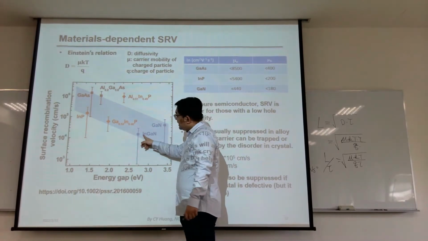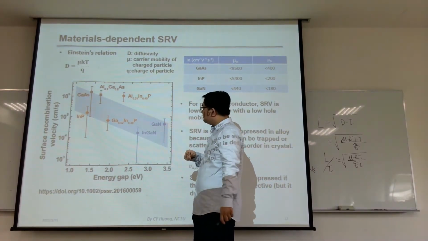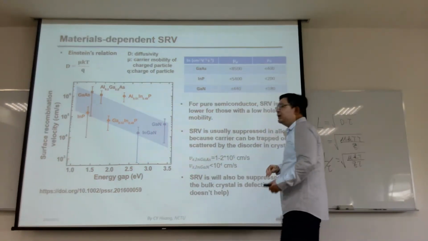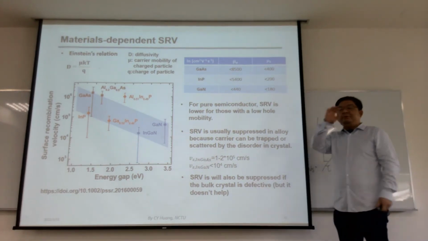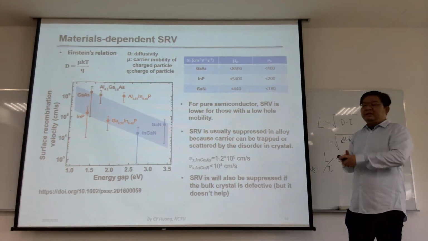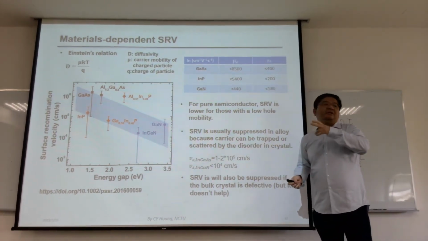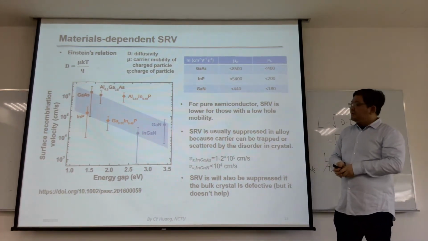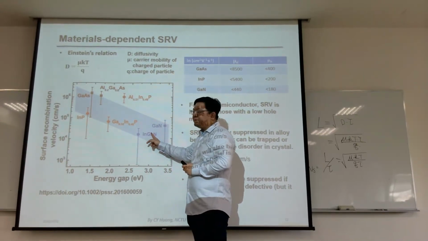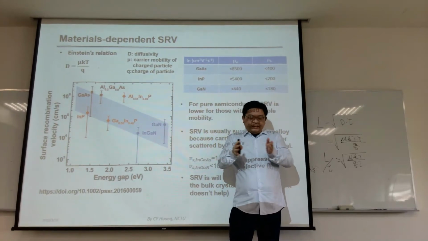Why does InGaN have an even lower surface recombination velocity? That's because for an alloy, a material with compositional fluctuation, the carrier will be scattered by the irregularity of the atom arrangement. For example, for 50% indium and 50% gallium, do they arrange like indium, gallium, indium, gallium?